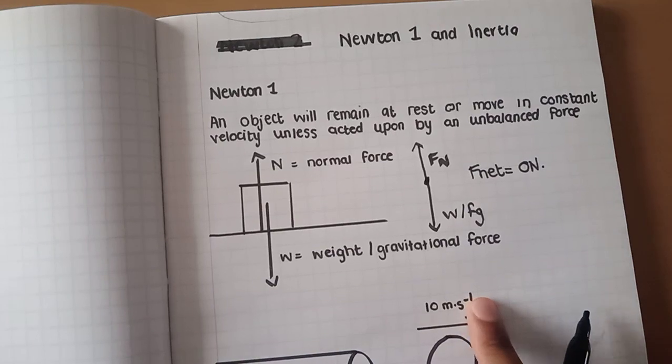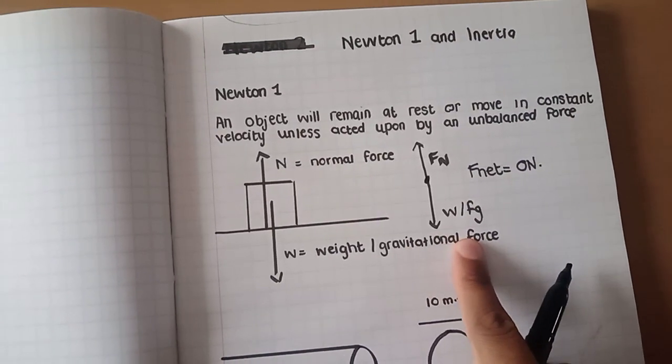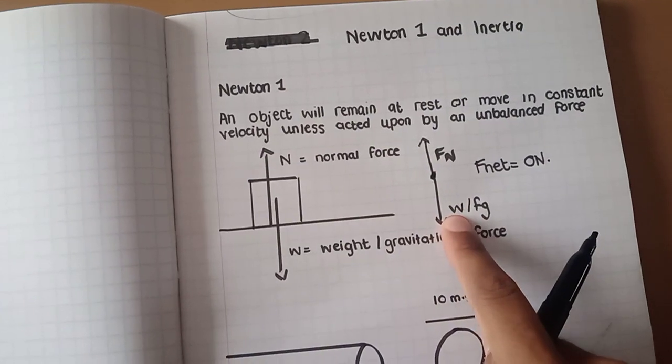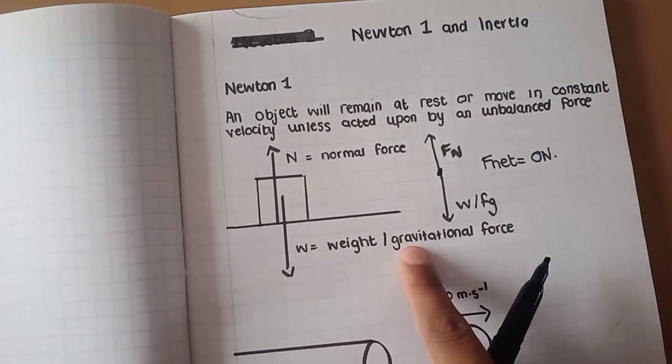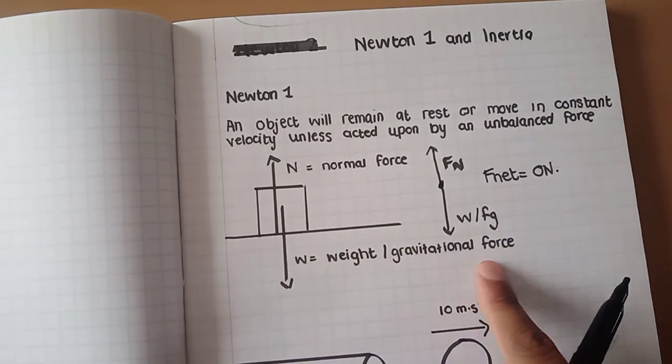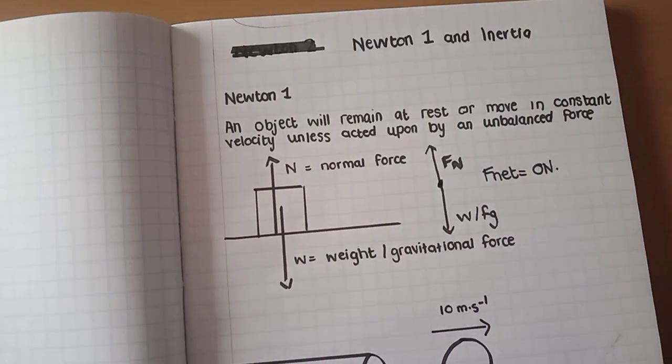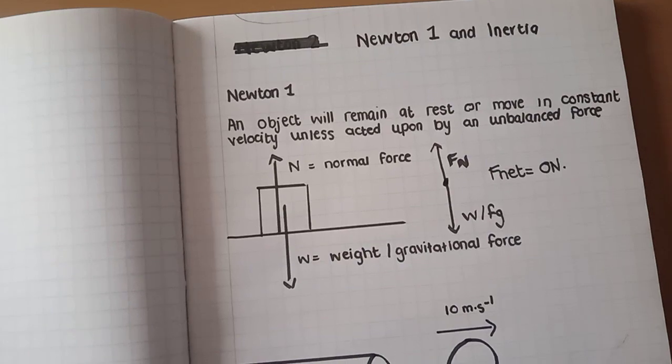It's also worth noting that the amount of force is equal. The normal force is equal to the weight force, and we know that weight or gravity is 9.8 meters per second squared. That also means that the value of the normal force is also going to be 9.8 meters per second squared.